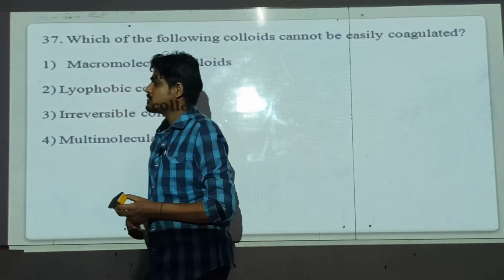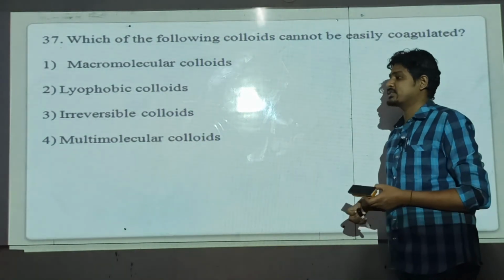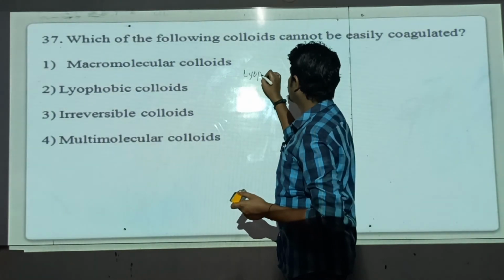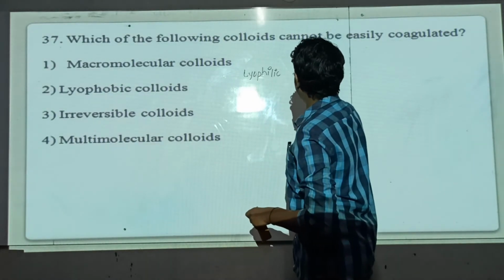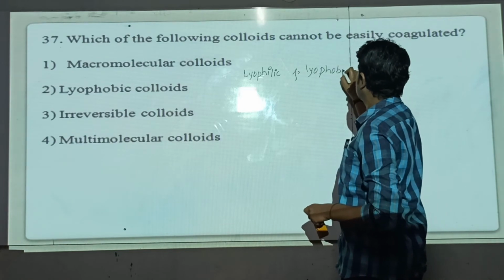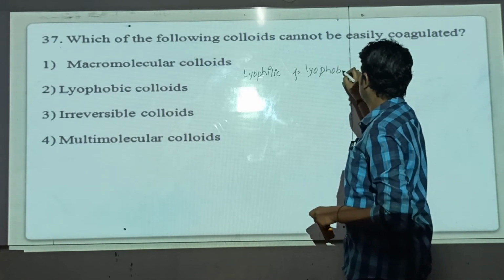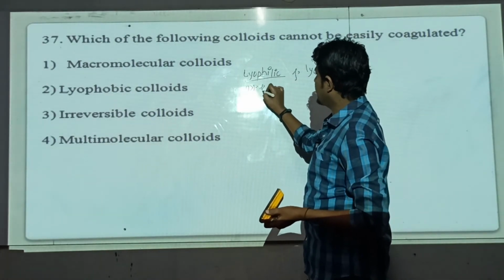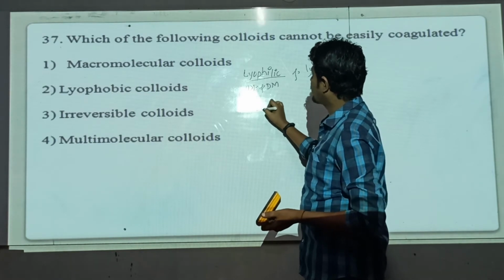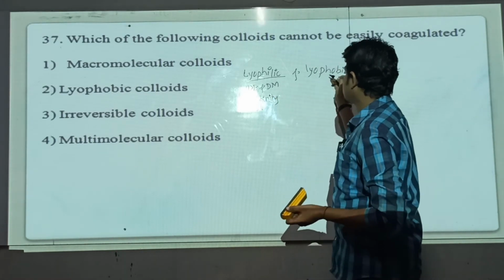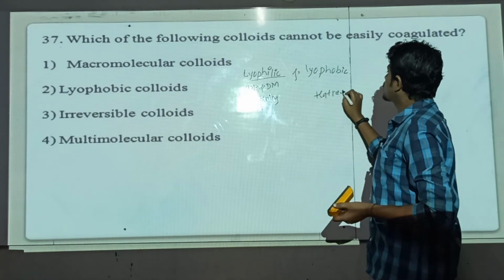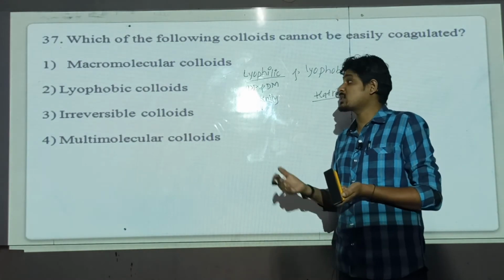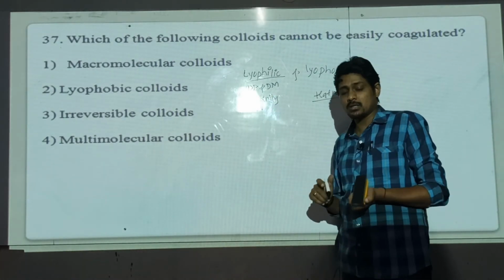The next question is, which of the following colloids cannot be easily coagulated? There are two types of colloids, lyophilic and lyophobic. In lyophilic colloids, the dispersed phase and dispersion medium have affinity, whereas in lyophobic there is a hatred nature. When there is affinity, it is very difficult to separate the dispersed phase and dispersion medium.